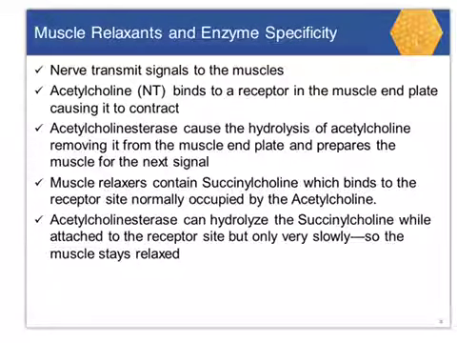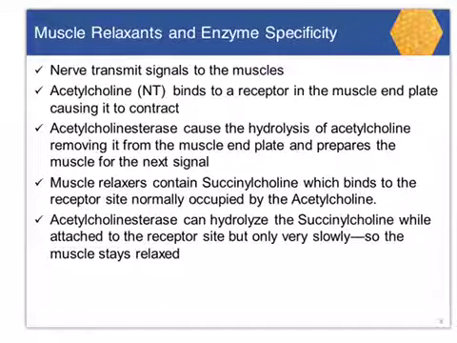Muscle relaxers contain succinylcholine, which binds to the receptor site normally occupied by the acetylcholine. The acetylcholinesterase can hydrolyze the succinylcholine while attached to the receptor site, but only very slowly, so the muscle stays relaxed. So let me break that down a little bit easier.